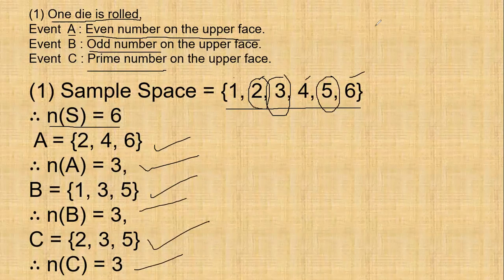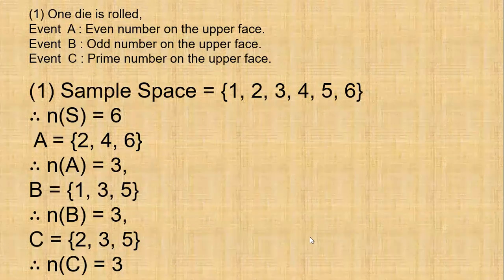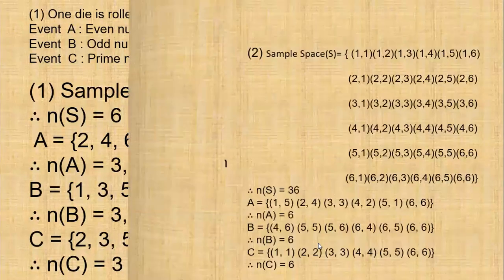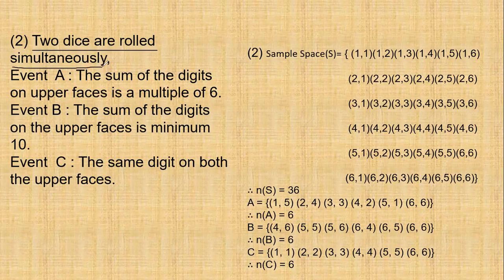Is it clear? So we can start with our second part. If 2 dice are rolled simultaneously, simultaneously means together.